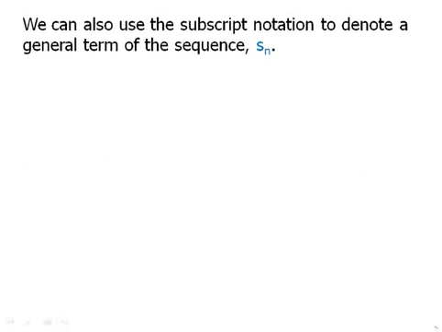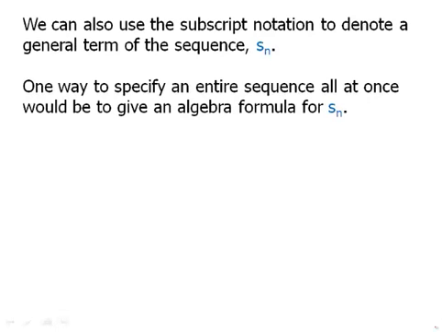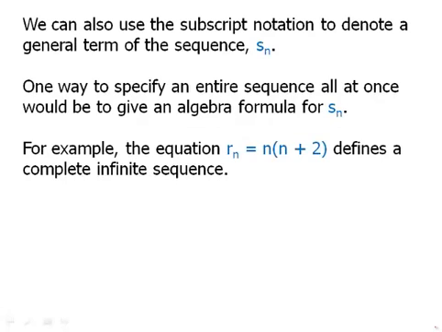We can also use the subscript notation to denote a general term of the sequence, S sub n. Here n stands for any natural number, so n could be 1, 2, 3, 4, etc. One way to specify an entire sequence all at once would be to give an algebraic formula for S sub n. For example, the equation R sub n equals n times (n plus 2) defines a complete infinite sequence.